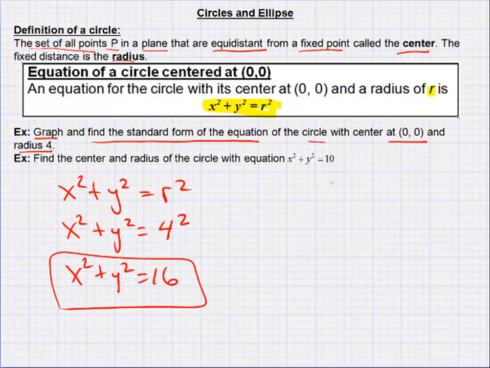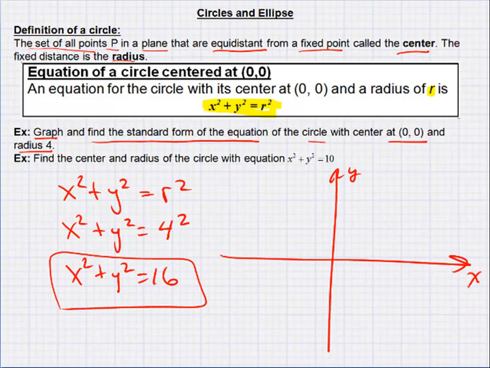Now if you have to graph it, graphing these is not that hard. It's much harder to graph other things that we've done this semester. So the center is 0, 0 and the radius is 4. If you want to count a certain amount of units in the xy plane, horizontal and vertical is the best way to do it. So we're going to go 4 that way, 4 that way, 4 that way, 4 that way.